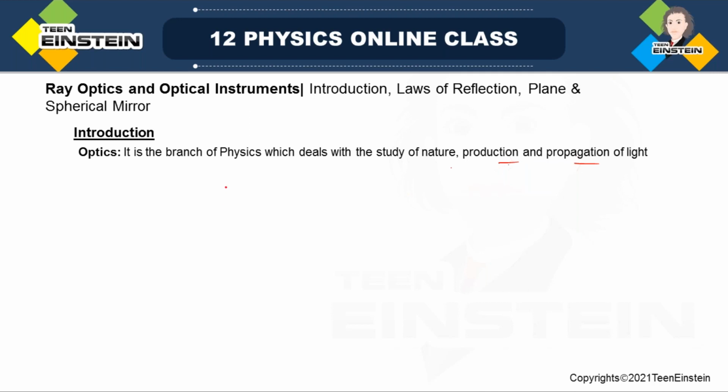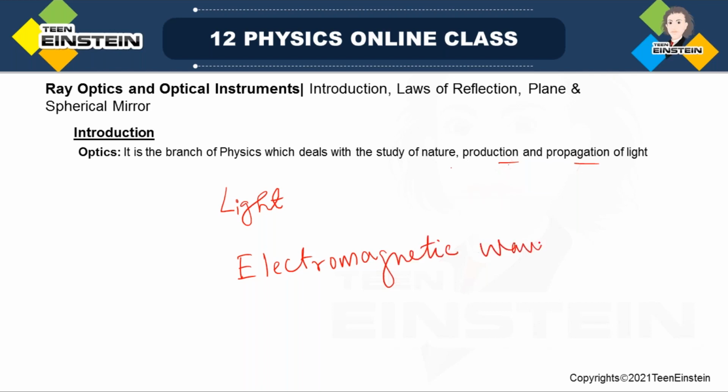So if I say light, what is light? In the previous chapter we have learned something called electromagnetic wave, right? In the electromagnetic wave spectrum, you might be seeing various colors in the visible light.